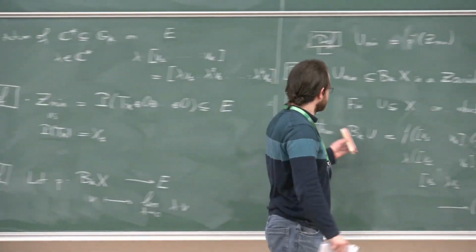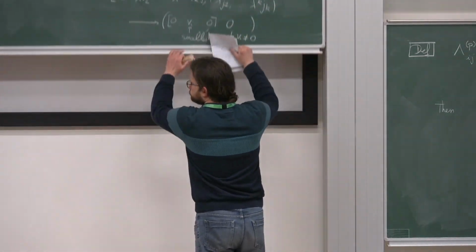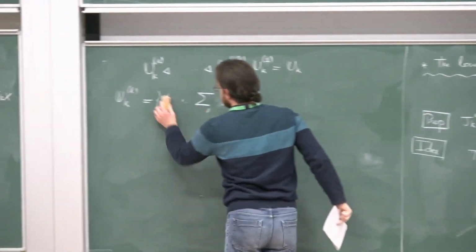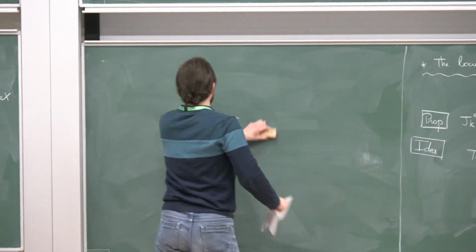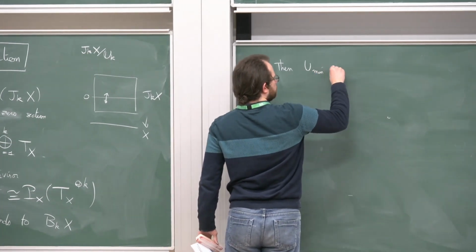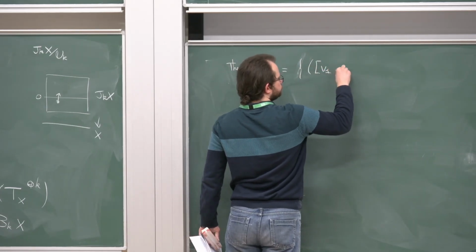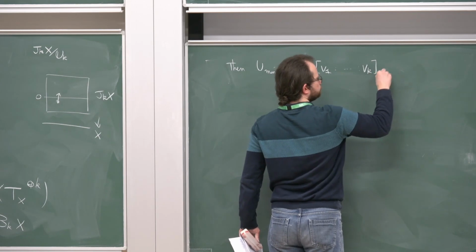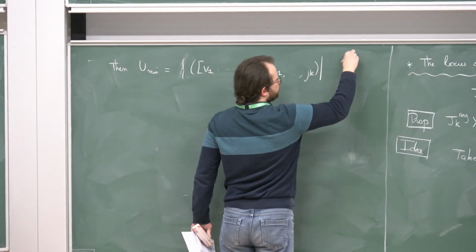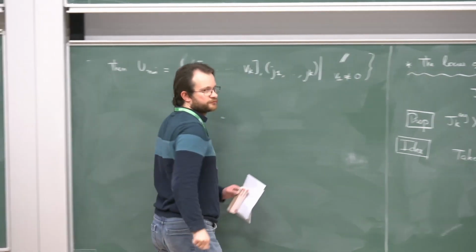Okay, so if I take now the inverse image of the mean, I simplify, then U mean is the set of couples like that, which are parallel and such that V1 is independent.